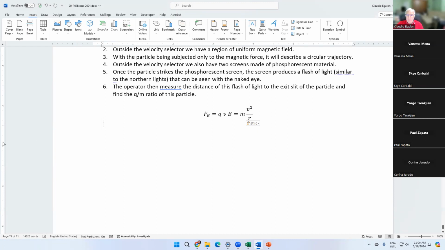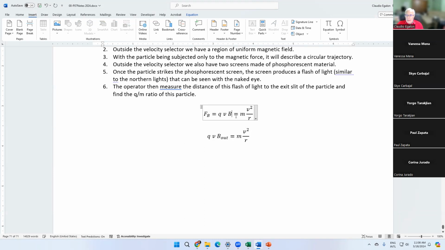And now we are left with this equality here. Assume that we do know the velocity of the particle, because we use the velocity selector to find out what the velocity of the particle is. It's E over B. And by the way, this one here, I'm going to call it the outer magnetic field.